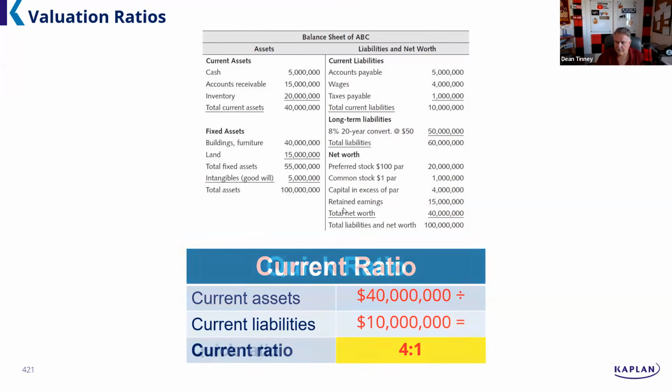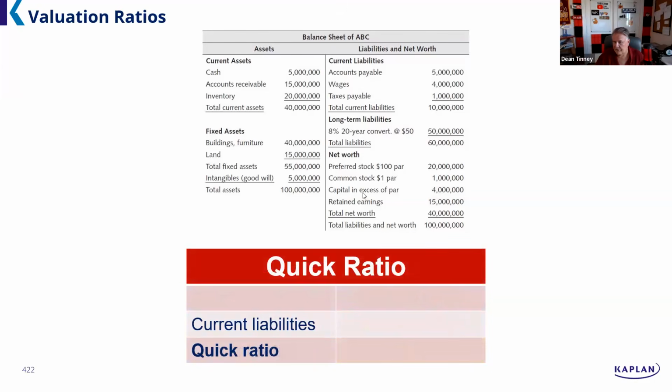And the most stringent version of this is what's called the quick ratio or the acid test ratio. And I may ask you to just recognize it, best describes it, or do it. So the quick ratio is we're going to take the quick assets. Remember, the quick assets are the current assets minus the inventory, right?